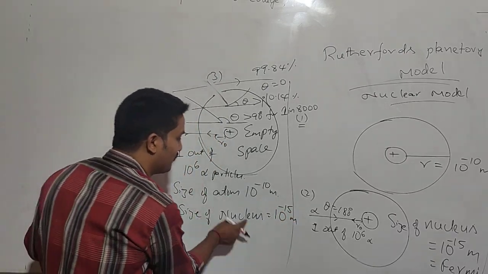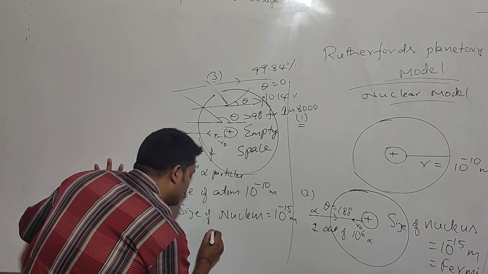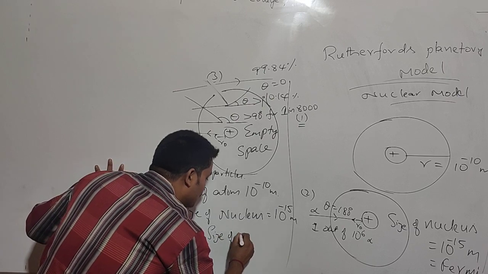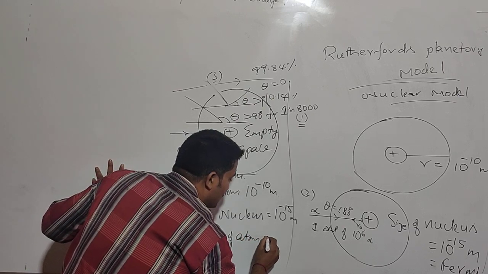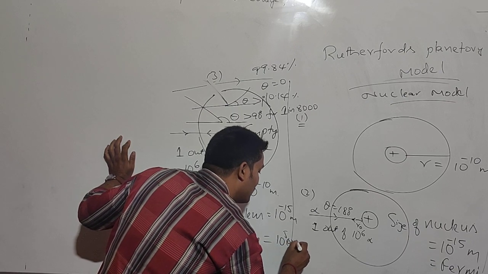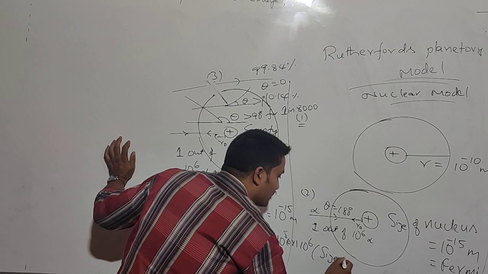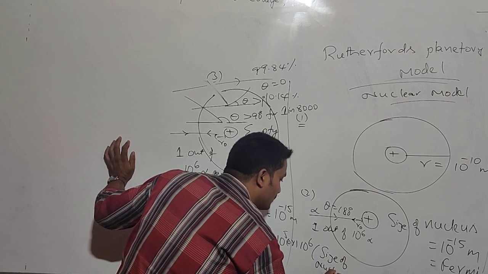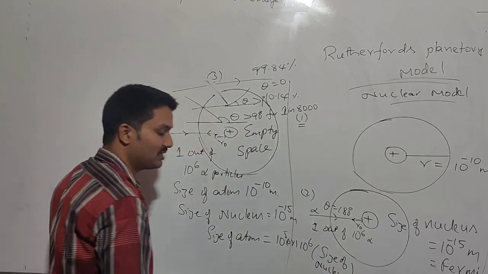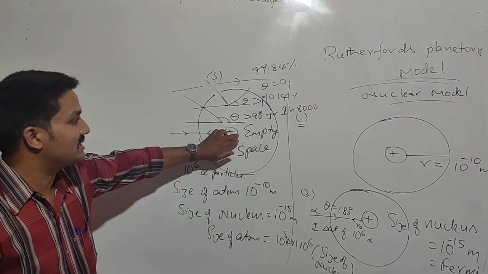Comparing both, the size of the atom is 10 power 5 or 10 power 6 times the size of the nucleus. Hence there is empty space in between them.